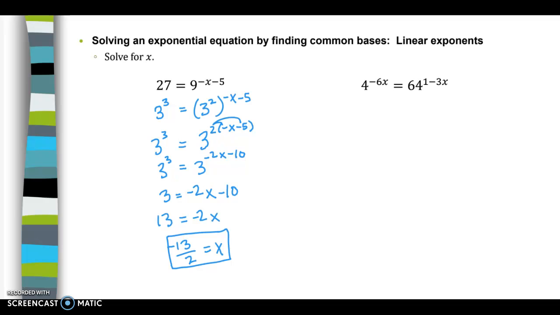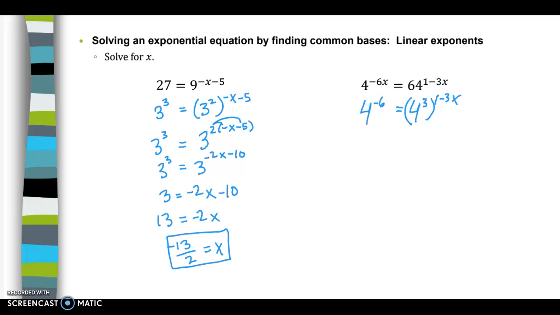Okay, let's continue with this next problem. 64 can be rewritten with a base 4. So this would be 4 cubed to the 1 minus 3x.